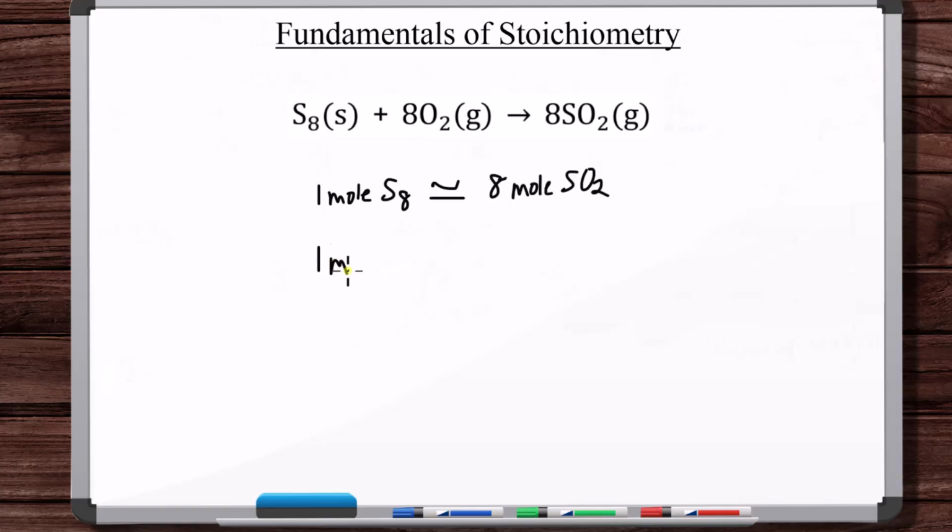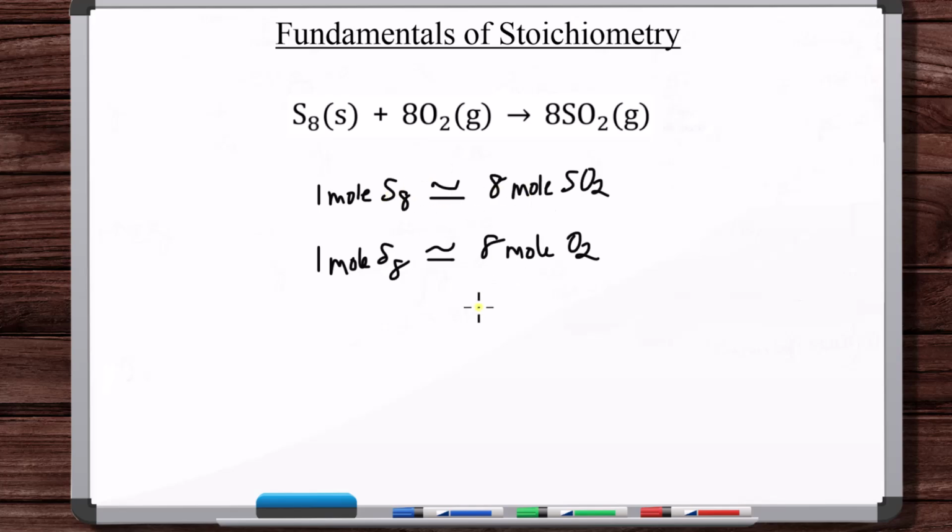Or I could say 1 mole of S8 is stoichiometrically equivalent to 8 moles of O2. But you could state this in reverse as well, that 8 moles of O2 is stoichiometrically equivalent to 1 mole of S8, right? Like an equality goes in both directions.